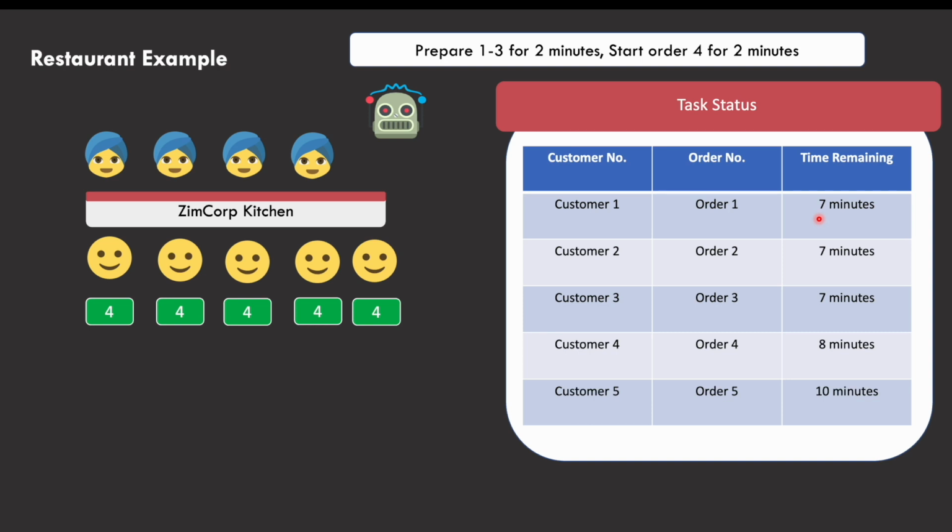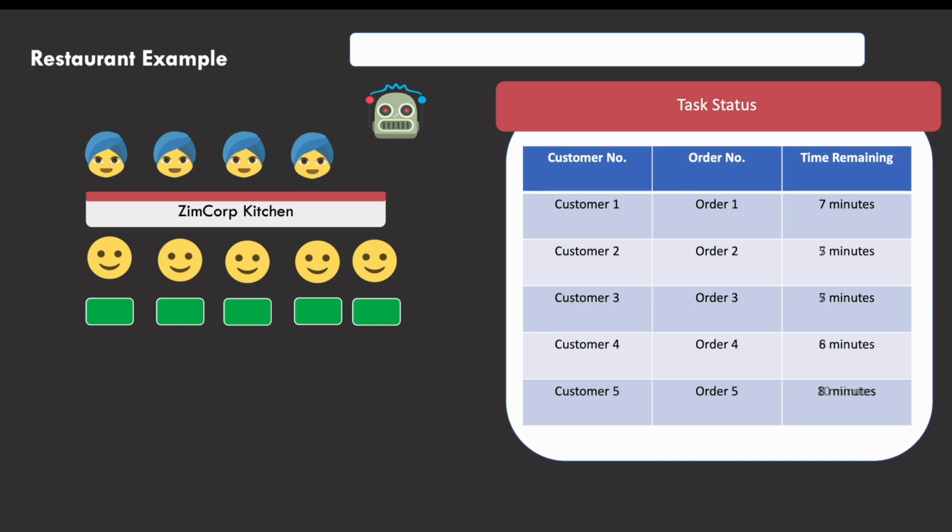Chefs 1, 2, 3 work on orders 1, 2, 3 for 2 minutes each, so 7 minutes are remaining, and start order 4. Earlier, order 4 had 10 minutes remaining, and once order 4 has started for 2 minutes, we've got 10 minus 2, which is 8 minutes remaining, right? And by this time, each of the customers has been waiting for 4 minutes, right?